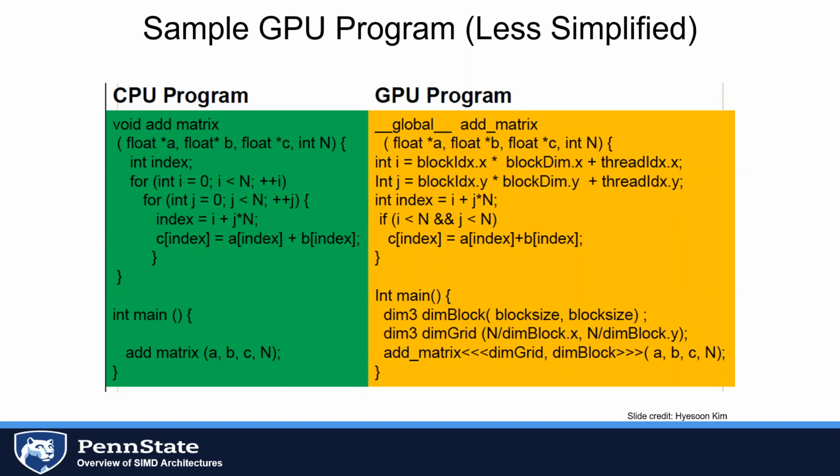I've got a matrix of floats C, and I've got a matrix of floats A and B, and I am going to have C be set to the sum of A and B. So just for i less than n, for j less than n, I compute my index within this matrix, and then I say C of index is A of index plus B of index. Would you actually necessarily do this intermediate step here, or would you just do two-dimensional indexing? Up to you, six of one, half a dozen of the other.